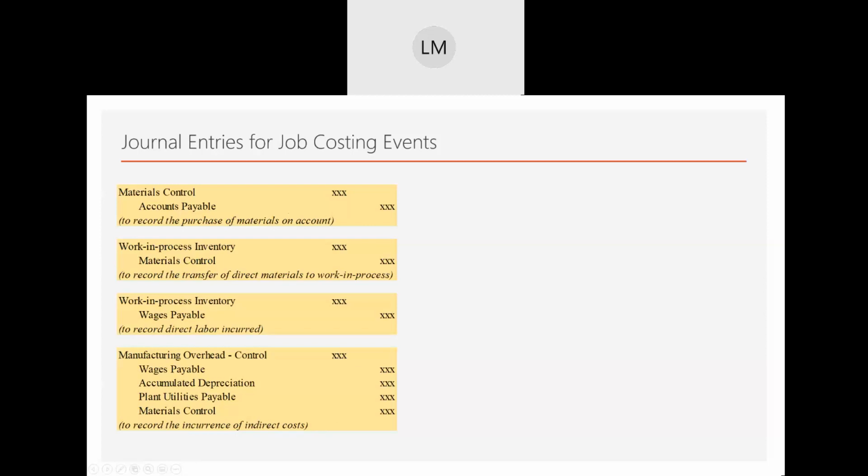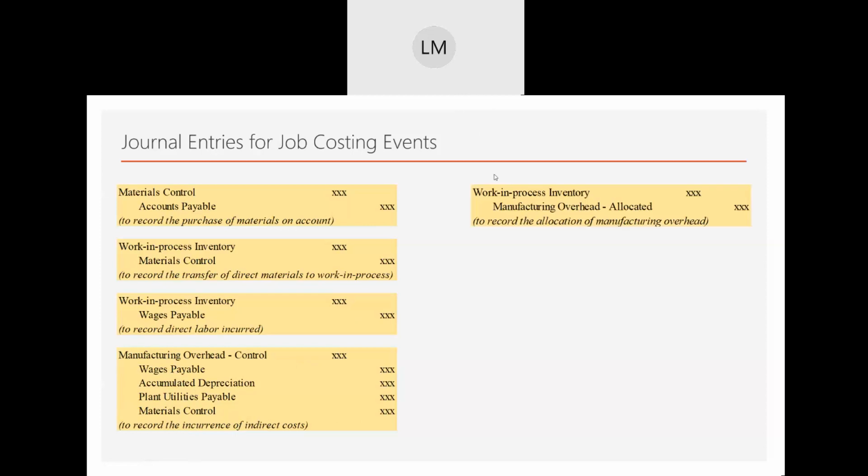And then I'm going to credit wages payable, accumulated depreciation, plant utilities payable, materials control. So I'm going to credit those respective accounts. But all those costs are going to be charged to or debited to the manufacturing overhead control account.